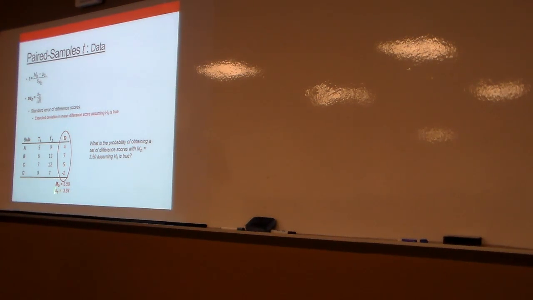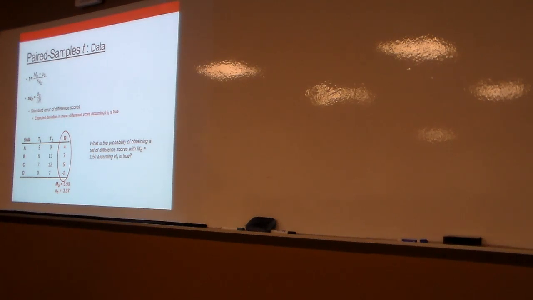So once we go through and calculate the difference scores, this is the primary output. And our test is the mean of the difference scores minus our expected value under the null, which is 0, over the standard error of the mean of the difference scores. We get our standard error here as the standard deviation of the difference scores over the square root of n, right? This is just the formula for a one sample t-test.